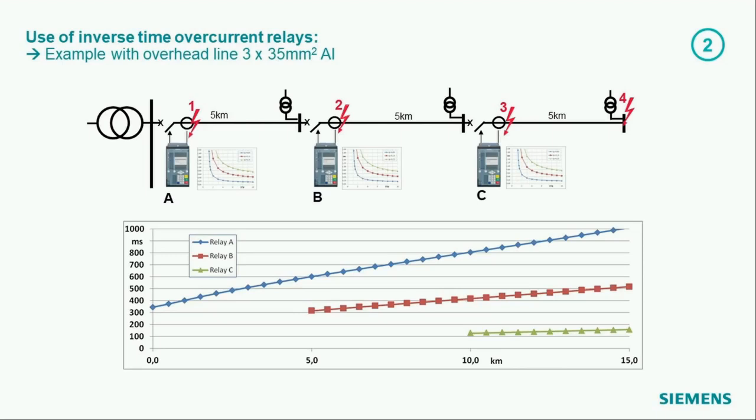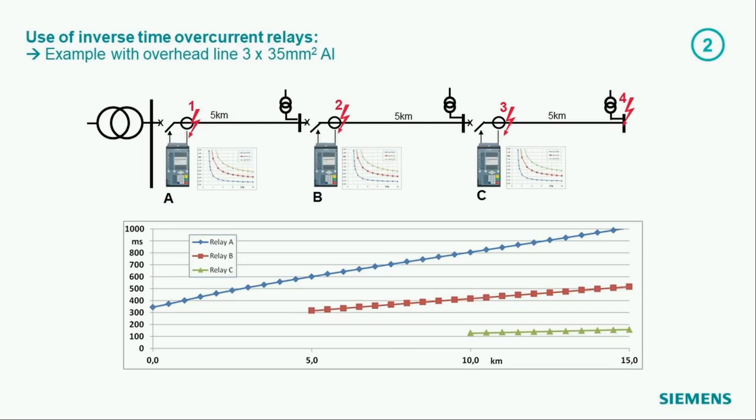You see here, if we have a fault at the end of the arrangement, the green relay will trip with a certain delay. As a backup, we have the red relay. If we have a fault somewhere in the middle, the red relay will trip with a delay.